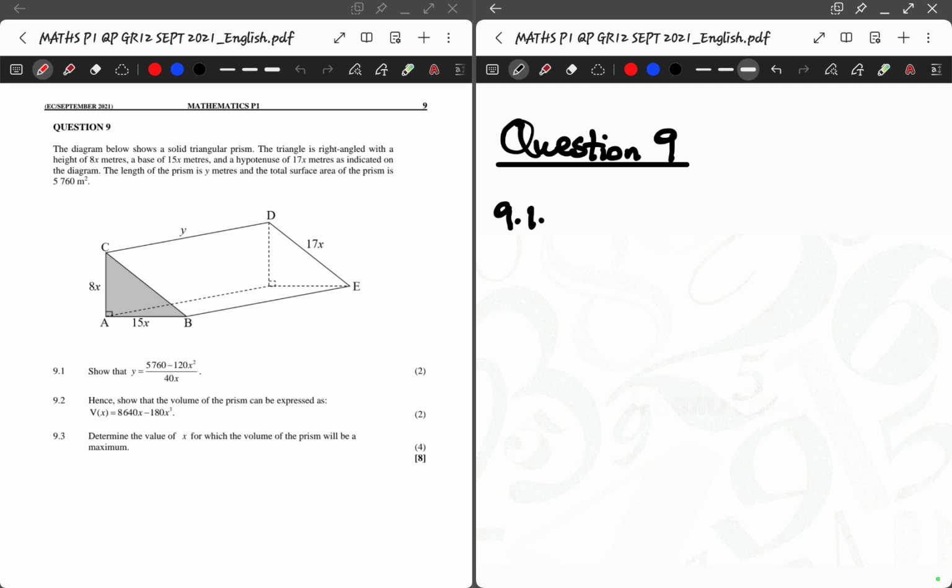Okay. How can we do that? Well, obviously we should use the prism, the total surface area formula.